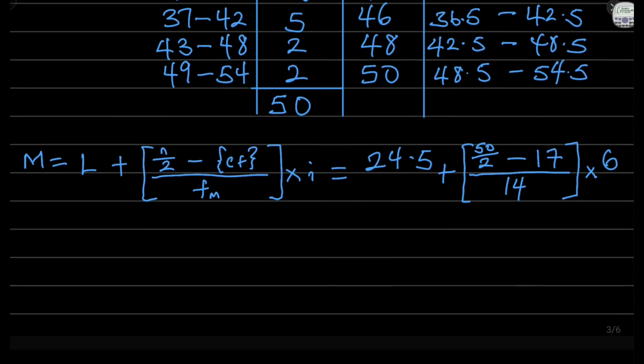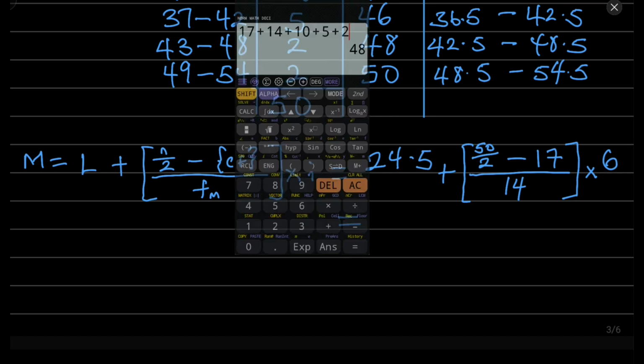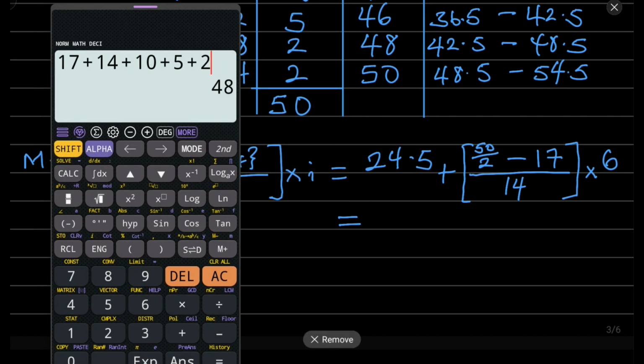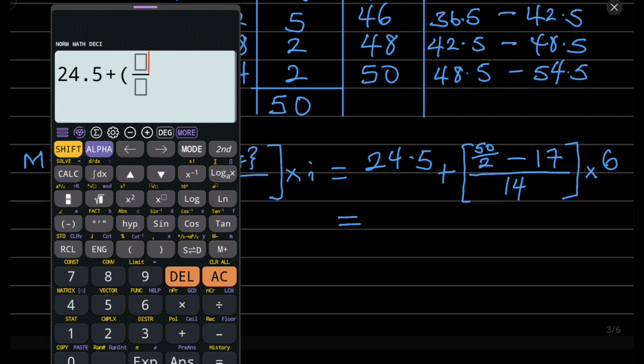And our median would be equal to, bring back my best friend. So I just input this directly in my calculator. I have 24.5 plus, open the brackets, the fraction sign, another fraction, 50 divided by 2.